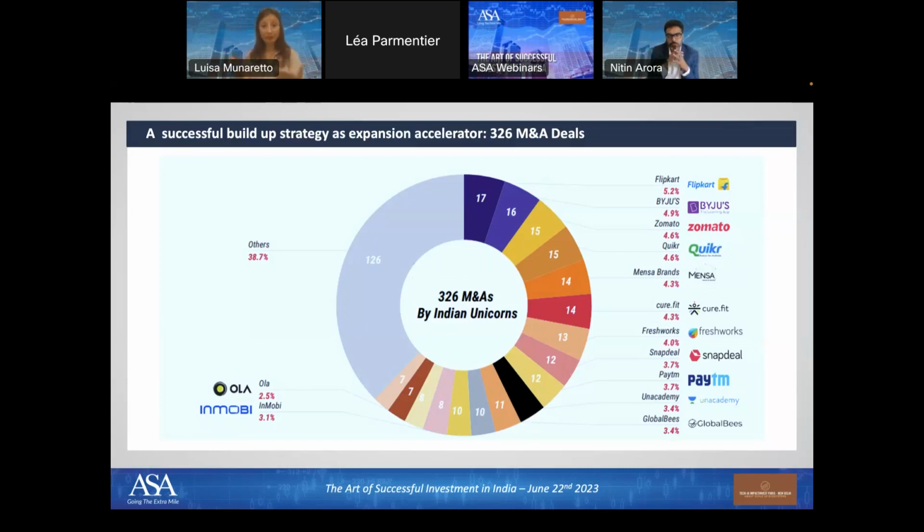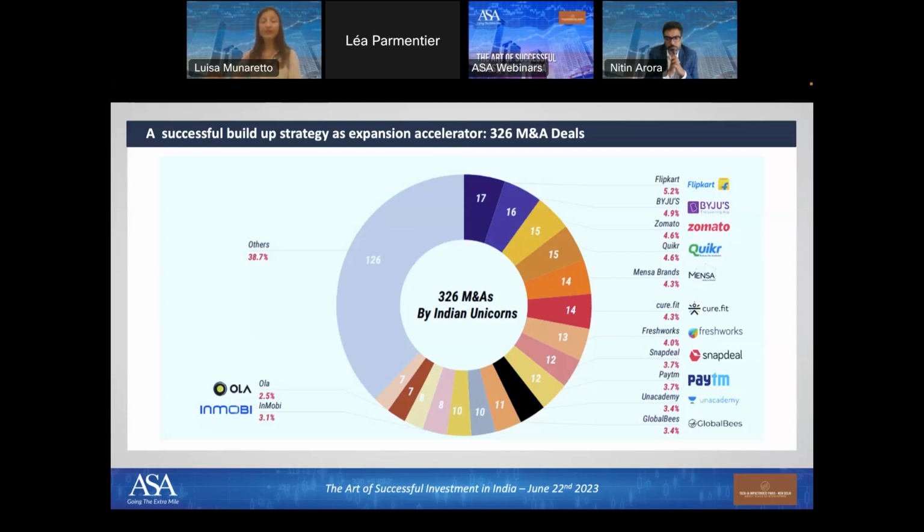And so they were able to realize 326 mergers and acquisitions inside the country, and transform a startup, a scale up, into a unicorn with a very, very pertinent build-up strategy, which will make the difference for both the domestic landscape, but also to go global and to have something to say outside the borders.